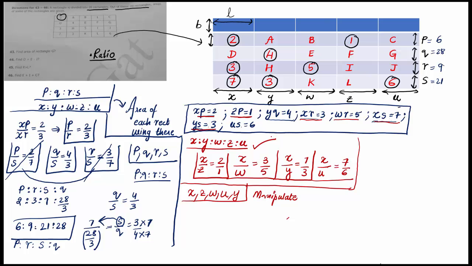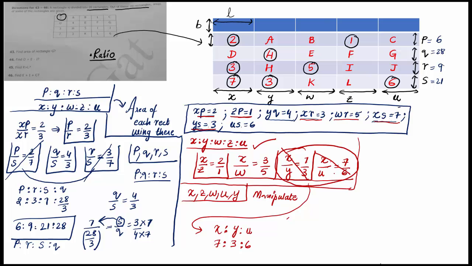So if x is 7, y is 3, x is 7, u is 6. So these are the four values. I can directly write a ratio with this. X is to y is to u. If x is 7, y is 3. If x is 7, u is 6, right? So this value is done and this value is done.